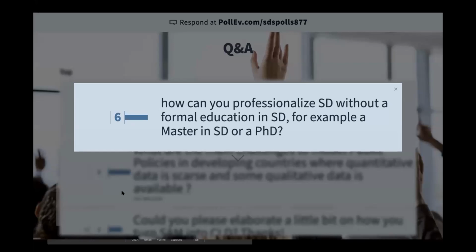Yeah, so first of all, I agree with Andres that SD is a tool, and a formal education can be useful in a lot of circumstances. But if you want to apply system dynamics, you just need to do some training. And as Nalini already said, having a mentor is really critical to move forward and become very good at it.